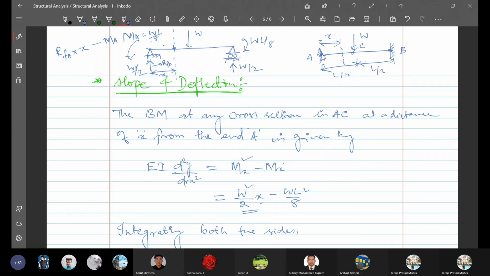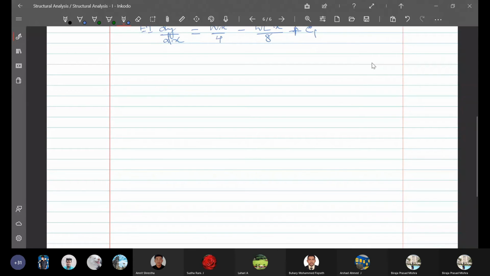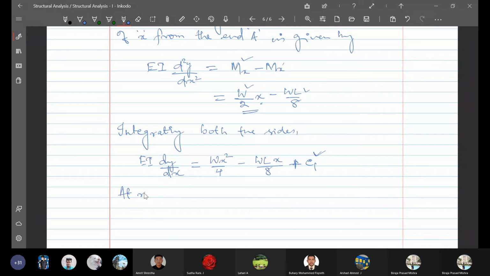So at x equals 0, dy by dx is 0. At x equals L, again dy by dx, or the slope, is 0. So we can write that at x equals 0, dy by dx equals 0, and at x equals L, again dy by dx equals 0.